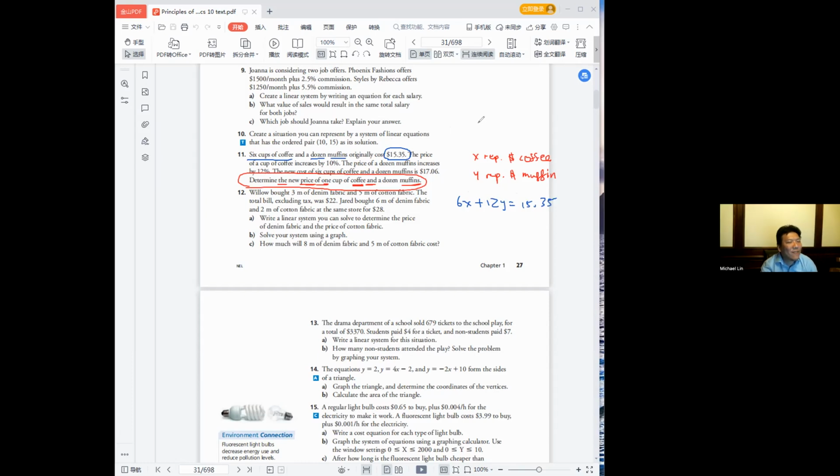Like one coffee and one muffin costing you $15.35 will be a very high-end coffee shop. I hope you guys aren't going to those. That's very expensive. 6 coffees and 12 muffins for $15.35 sounds like a great deal, and that's too cheap almost. That's a non-existent coffee shop. Okay, so that's the correct first equation.